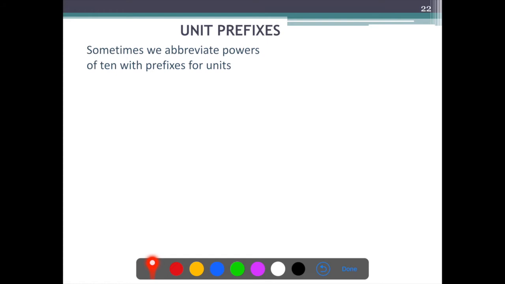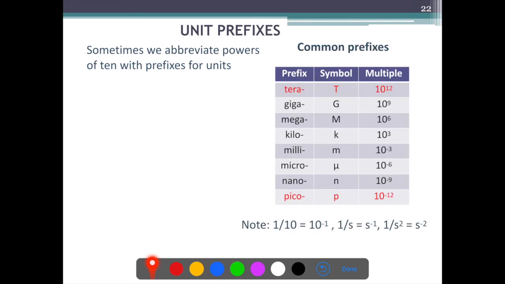Sometimes we'll also abbreviate powers of 10 using prefixes. This is especially useful if we're talking about big numbers that are multiples of 10. And so we have unit prefixes that are added to the base unit. Some common prefixes that you're probably familiar with is kilo. And kilo has a symbol of small k. That means 10 to the 3 or 1,000.